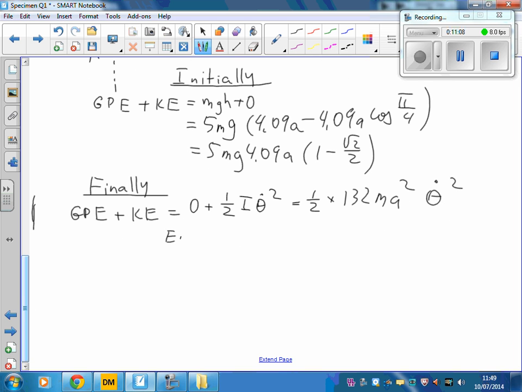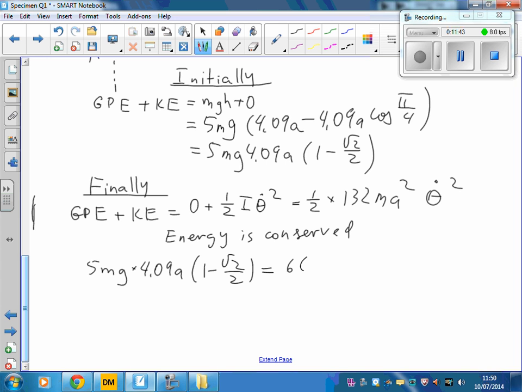Energy is conserved because we assume that there is no friction, no air resistance. So we can write down the equation that 5mg times 4.09a times 1 minus root 2 over 2 equals 132 divided by 2, which is 66 ma squared theta dot squared.